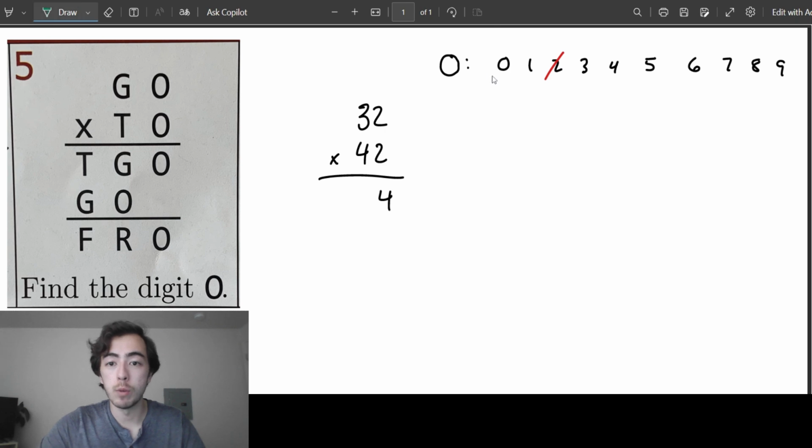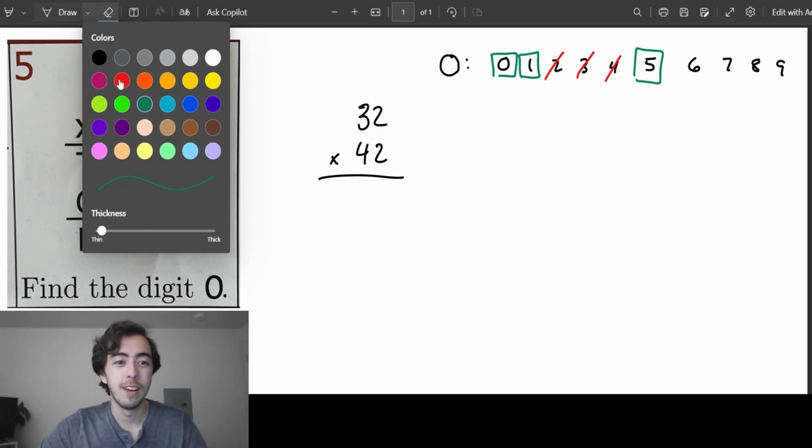So 0 and 1 could both work, because if these were both zeros, then I would get a 0 there. Same thing with 1. If they were both 1s, I'd also get a 1 here. But 2 doesn't work. And 3 doesn't work because I get a 9 in the ones place. 4 doesn't work because I get a 6 for 16. 5 does work because I get 25, so that's good because the answer is supposed to be 5.